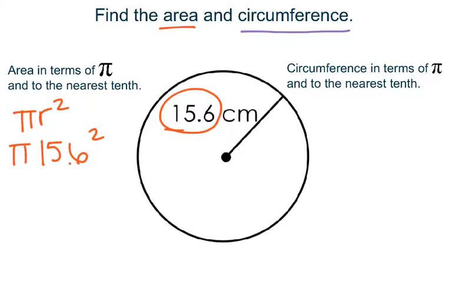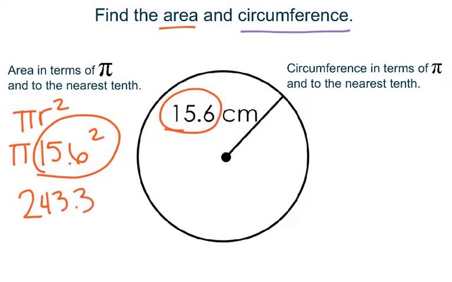So the first thing we're going to do is find it in terms of pi. So all you're going to do is put this part in your calculator and find that. Alright, so 15.6 squared is 243.36. And in terms of pi, you would just put pi beside of it. So that's your answer in terms of pi.